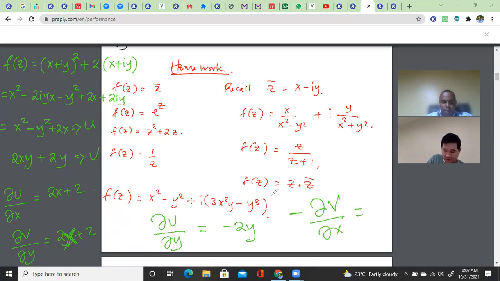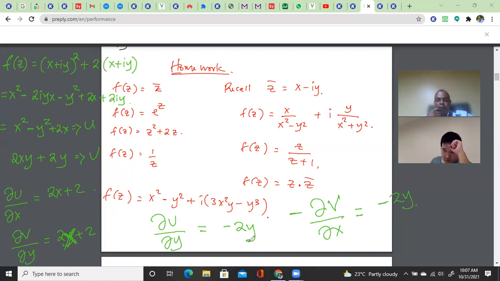It's also negative 2y. Yeah, it's equal. Sorry, I forgot about this minus. So that one satisfied the Cauchy-Riemann conditions, and the function is analytic.